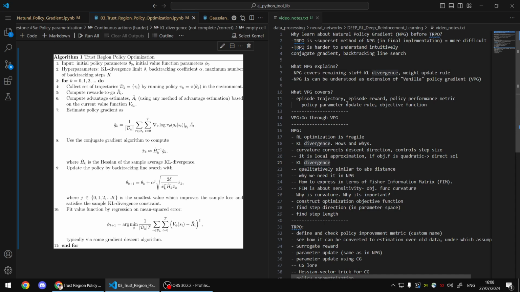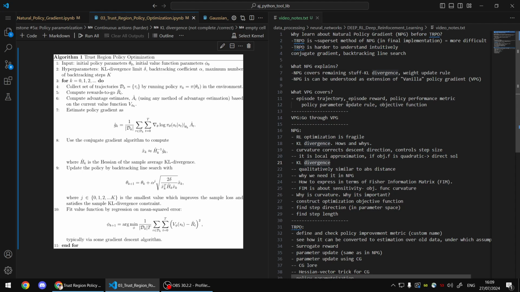So yeah, trust region policy optimization. If you take a look at the algorithm description, hopefully you've covered the simple, so-called vanilla policy gradient methods, because there's plenty of information regarding the topic.